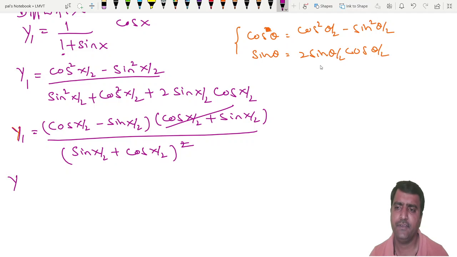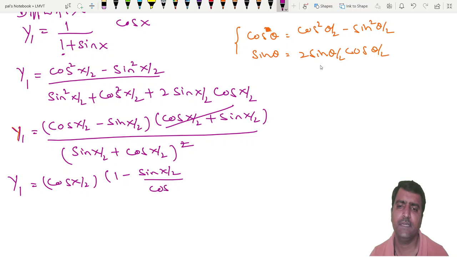So again you write this y1 is equal to, you take cos x by 2 in numerator as a common factor. So if you take cos x by 2 common factor, then it becomes 1 minus sin x by 2 by cos x by 2. And the denominator also you take cos x by 2 common factor.